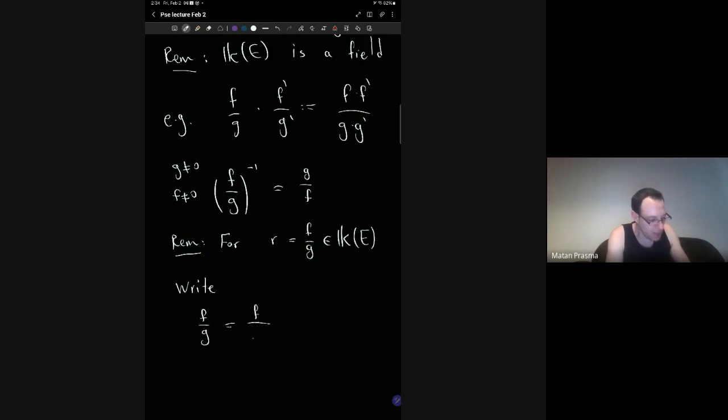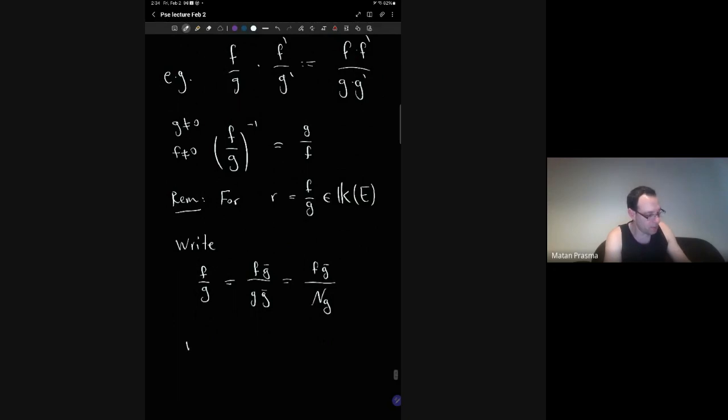So I multiply and divide by g conjugate. And this is equal to something in the numerator divided by the norm of g, right? G times g conjugate is the norm of g. We write the numerator f g conjugate in canonical form.